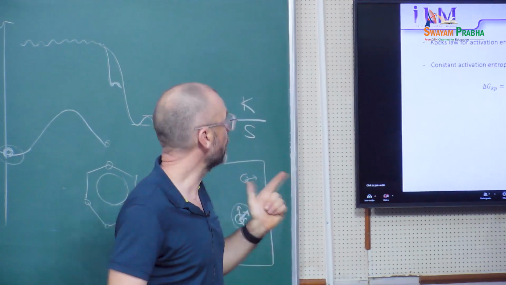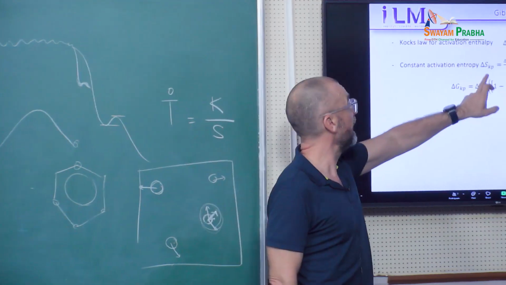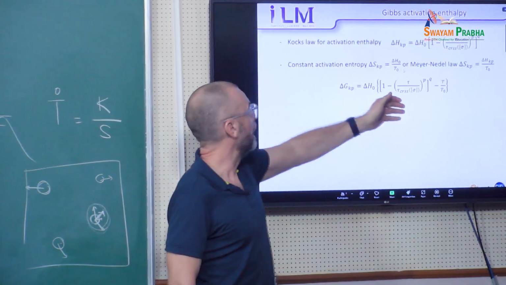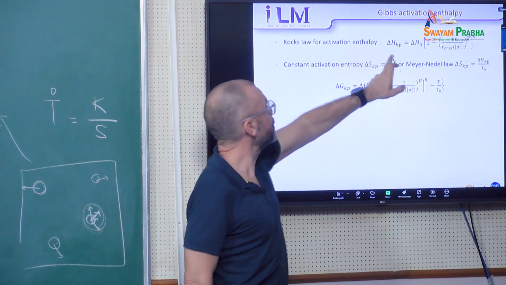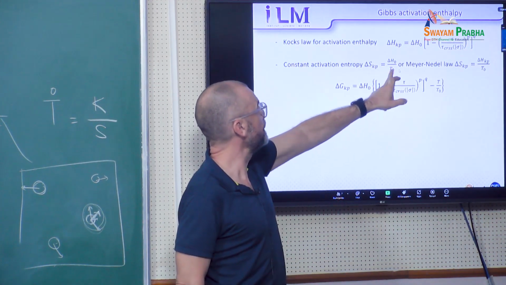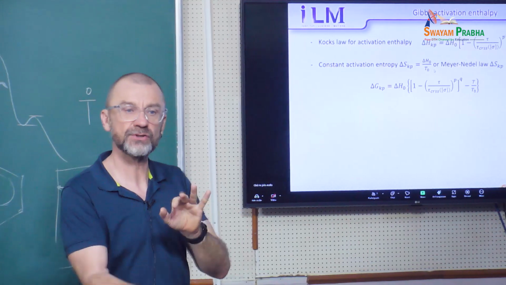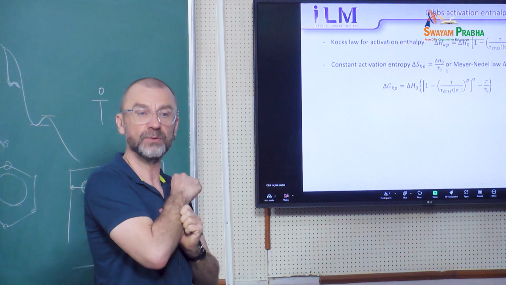Then you need to worry about the activation entropy. And there again, you have two classical choices. Either you assume that the activation entropy is just a constant and it does not vary, so you can put it in the attempt frequency.